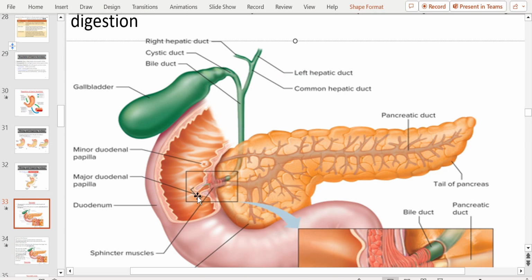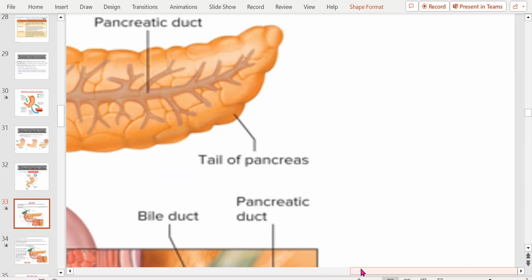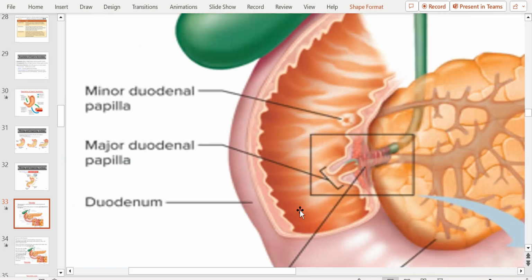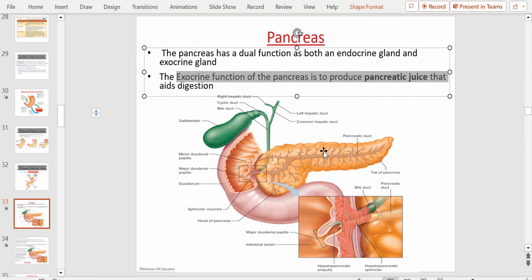And you'll see that there's an opening, if I can zoom in without destroying my PowerPoint here. You can see what's going on here. So whatever is being made here by the pancreas can be squirted out right into the duodenum as this highly acidic food comes in. And the pancreas produces many things.